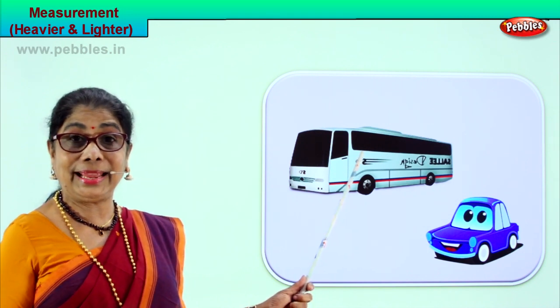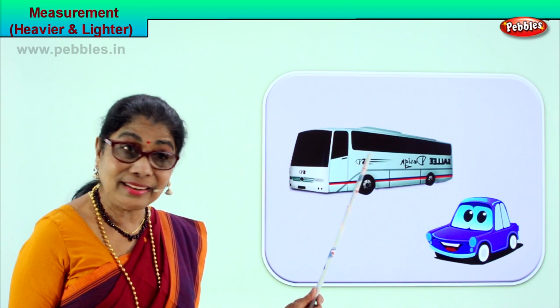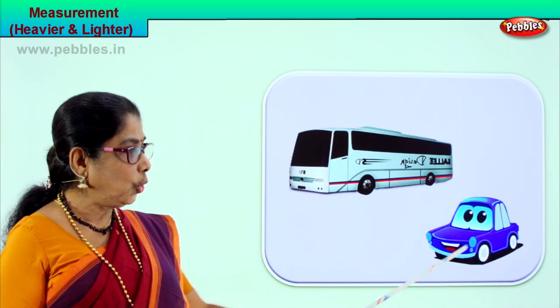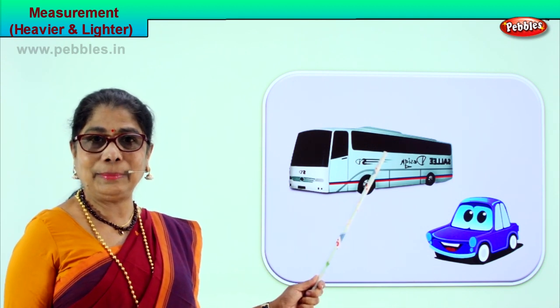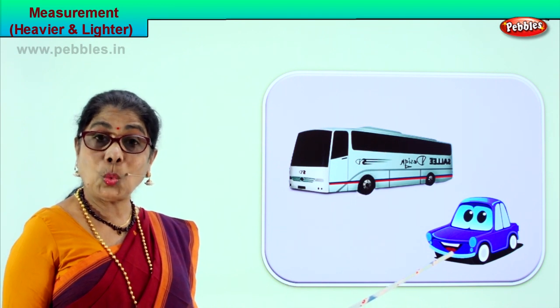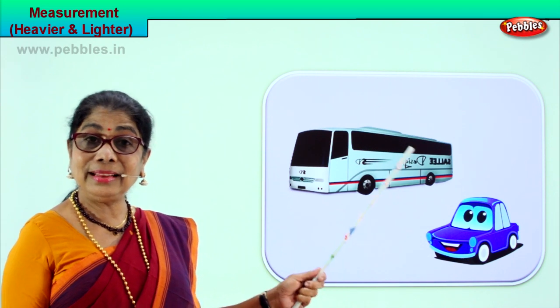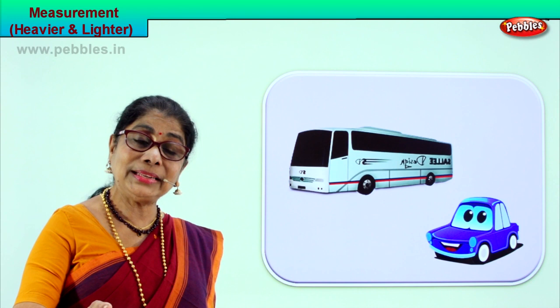Certainly, you will say the bus is heavier than the toy car, or the toy car is lighter than the bus. So, this is heavier, lighter. We are trying to understand the measurement. Lighter, heavier, heavier, lighter. Now can you understand?